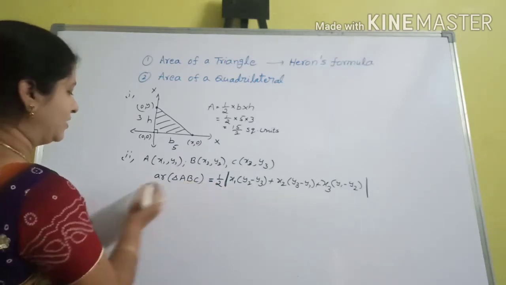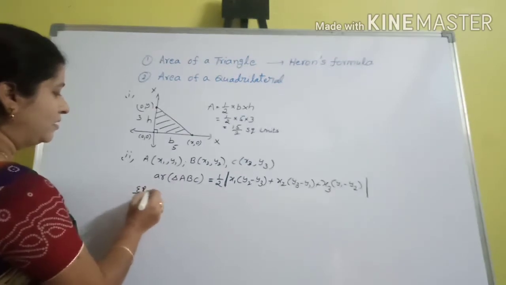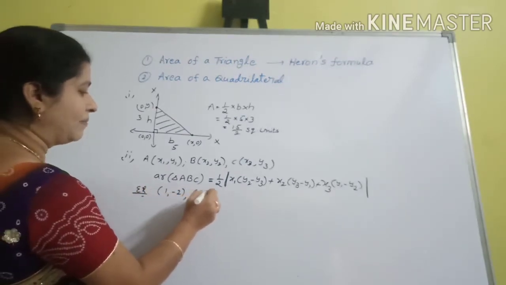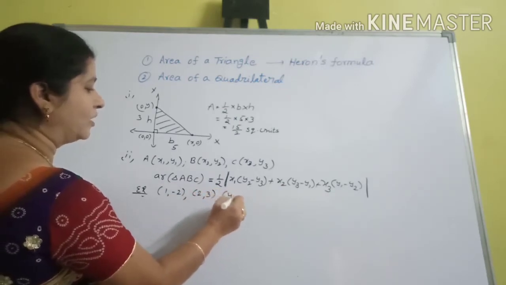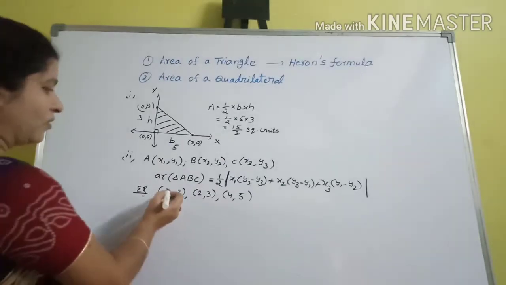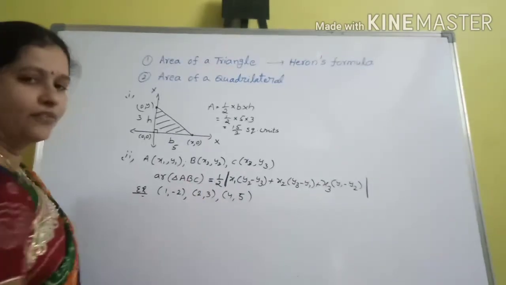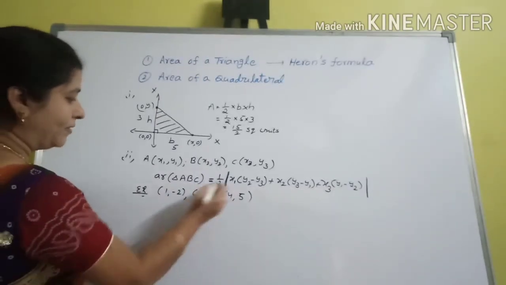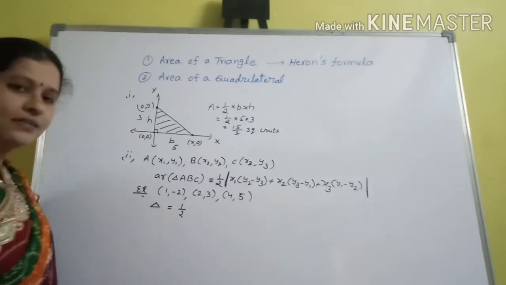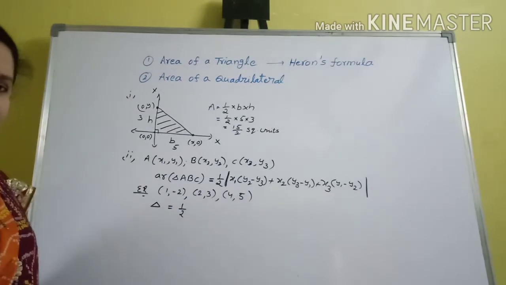So how can you find this? For example, the points are like this: 1, minus 2, 2, 3 and 4, 5. Find the area of this triangle. If the coordinates are like this, find the area of a triangle. So apply this formula. Half modulus of... area of the triangle is also called delta.